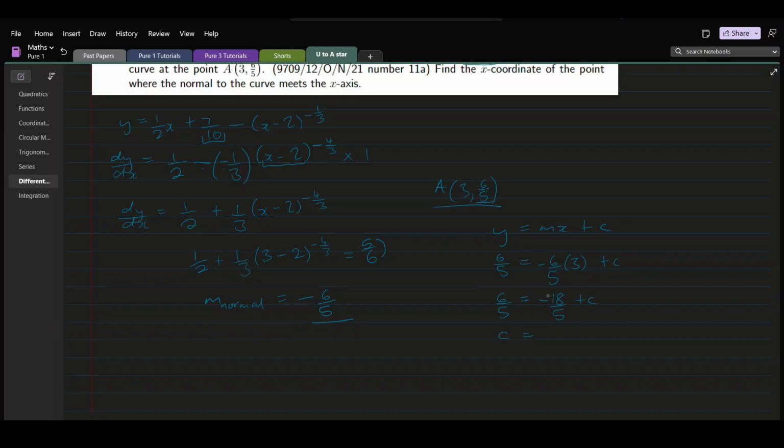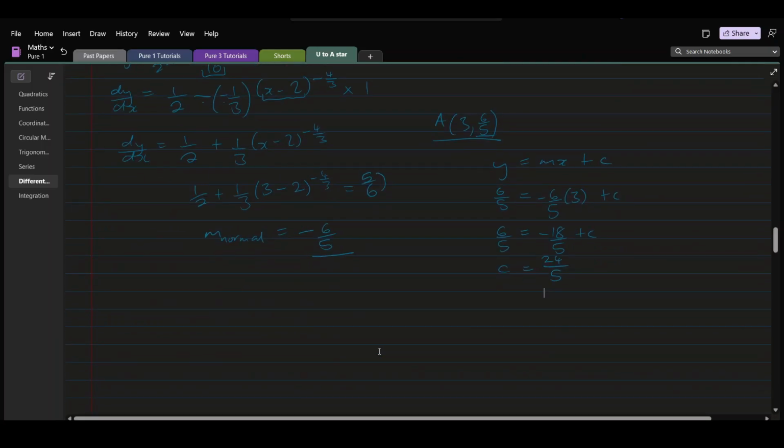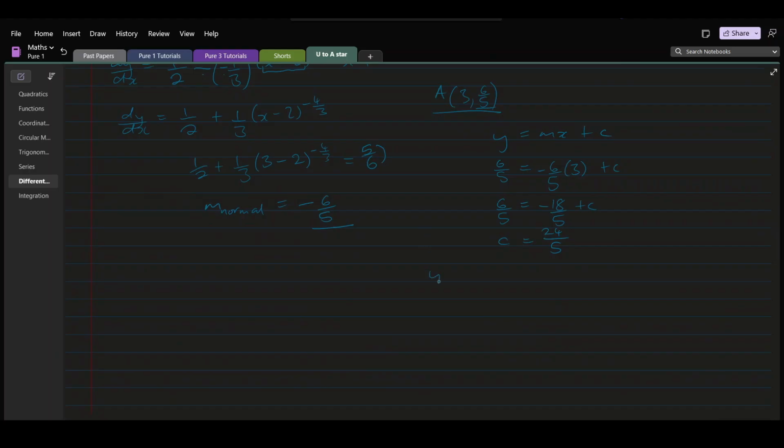So c is equal to 18 over 5 plus 6 over 5, and that gives us 24 over 5. This means that the equation of our normal is therefore y is equal to negative 6 over 5x plus 24 over 5.